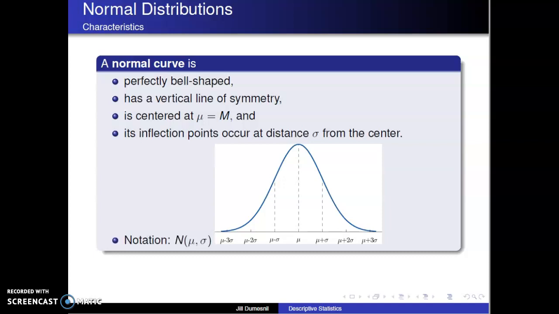The notation for a normal distribution with mean mu and standard deviation sigma is N(mu, sigma).